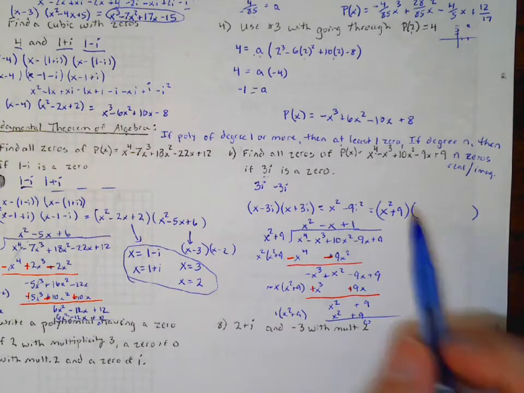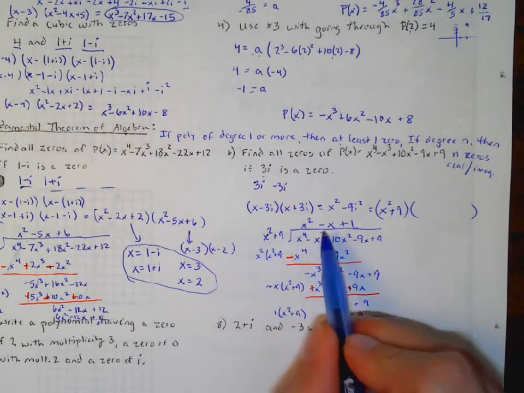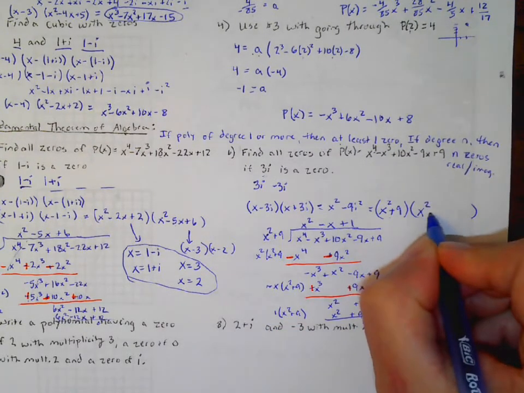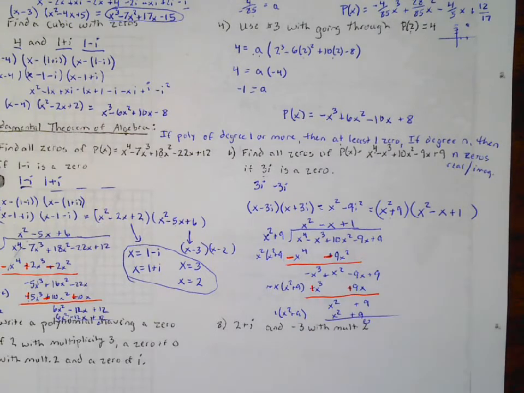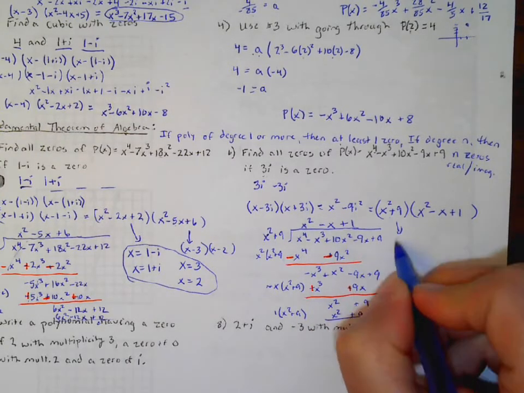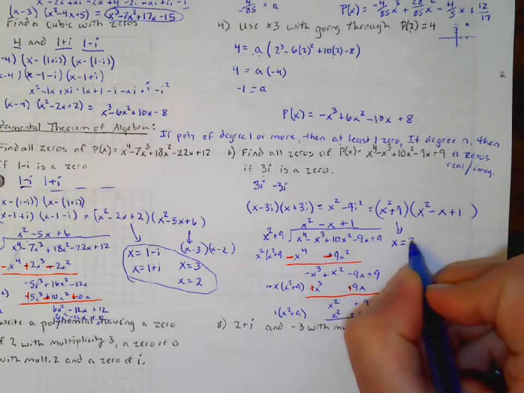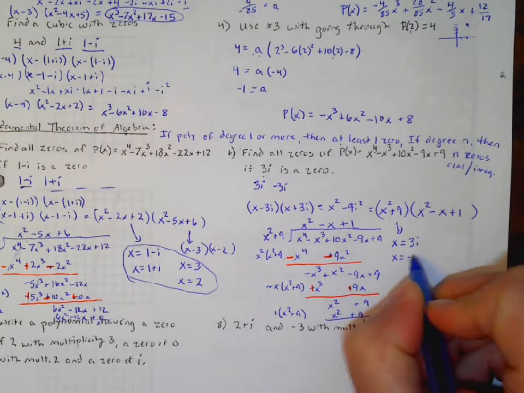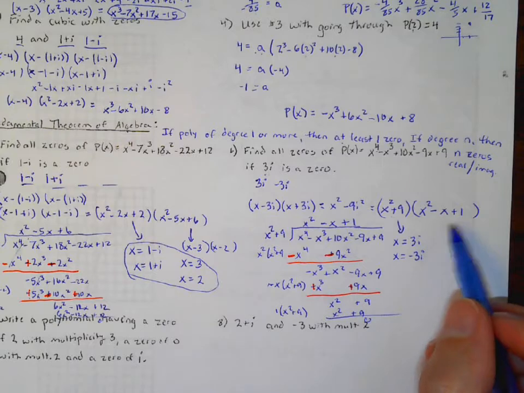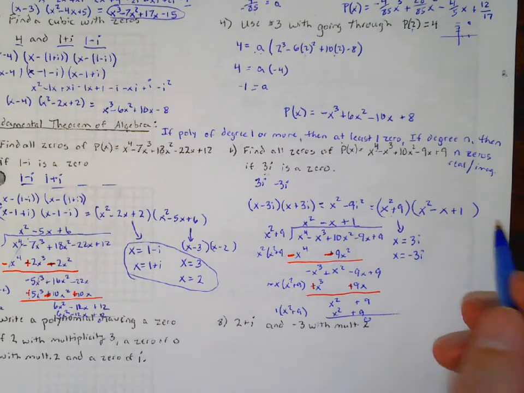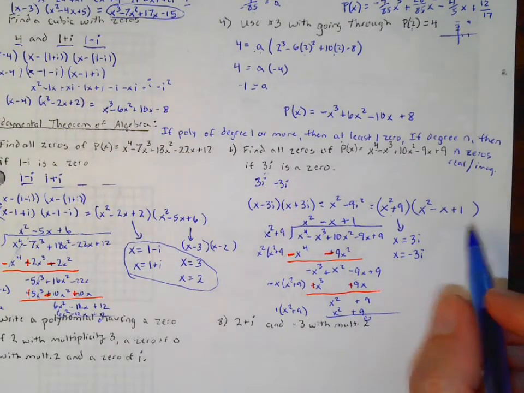So I know that x squared plus 9 times x squared minus x plus 1 will give me this right here. When I solve these, this one gives me x is equal to 3i and x equals negative 3i. And this one here, it won't factor, so you have to use completing the square or the quadratic formula.